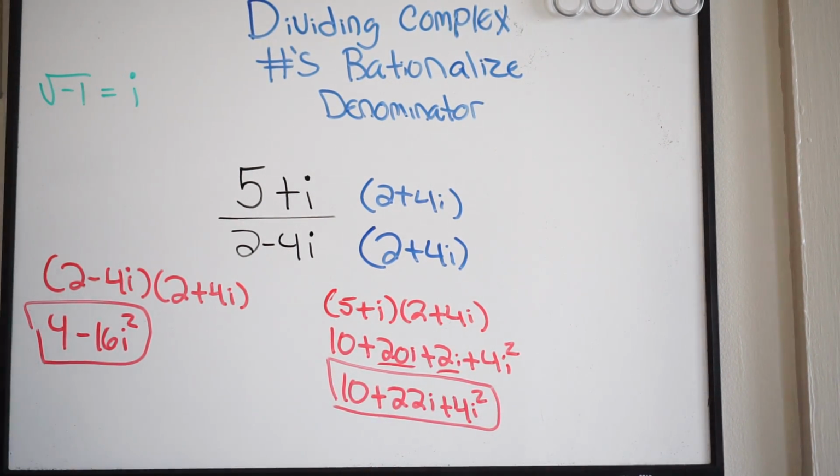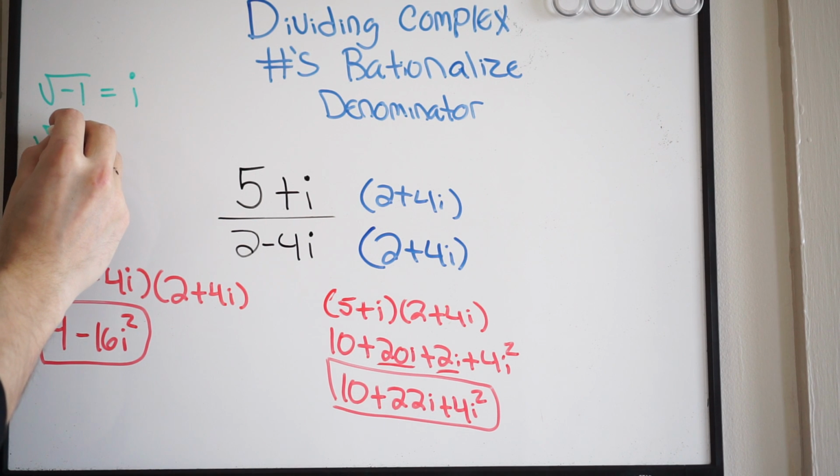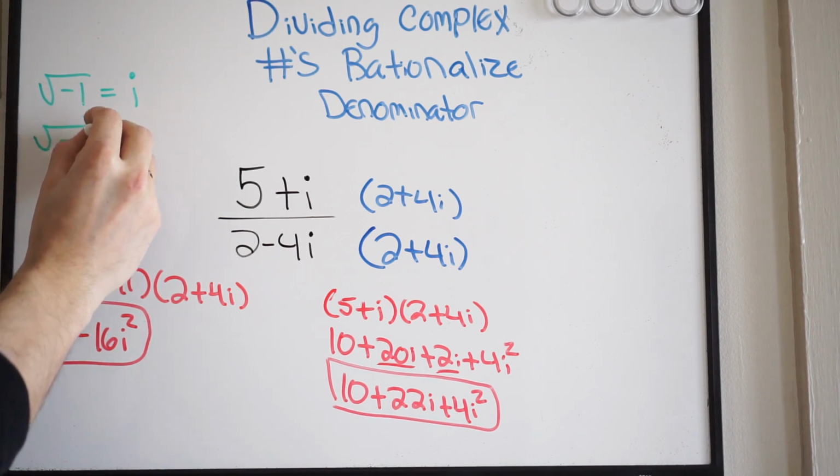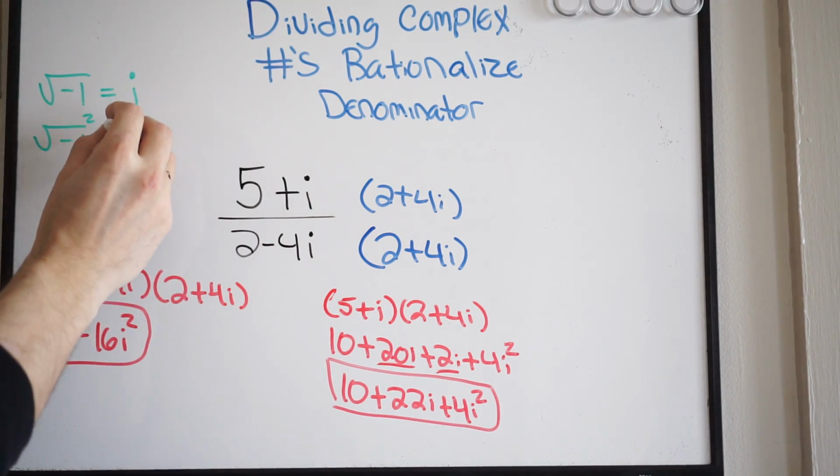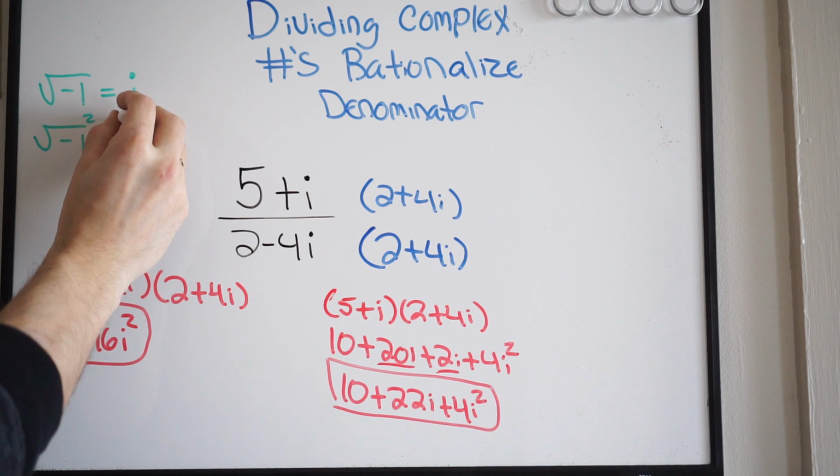And we can actually go further with this. So if we look and see that the square root of -1 equals i, well, what happens if I square both sides? So if I take the square root of -1 and square it, well, this is an equation, so I need to balance it. So this also must be squared.